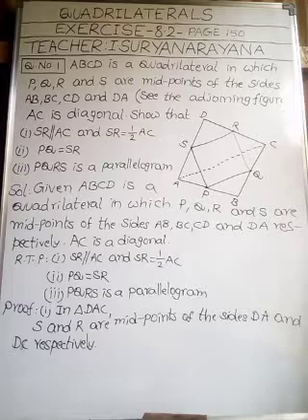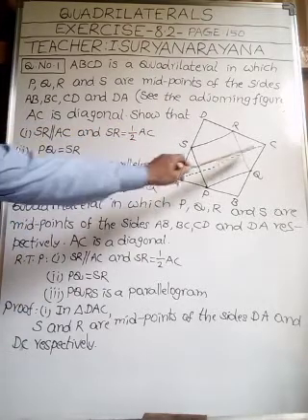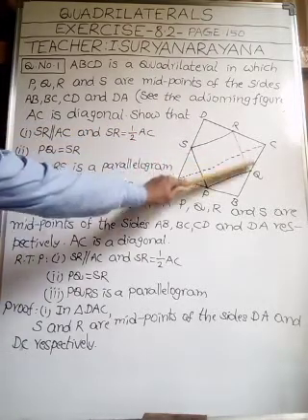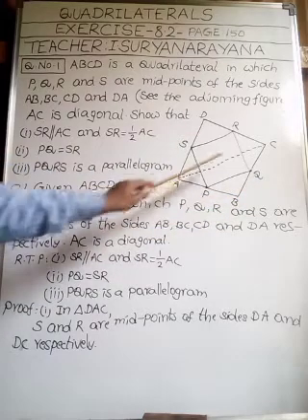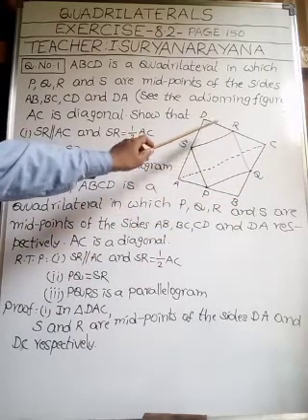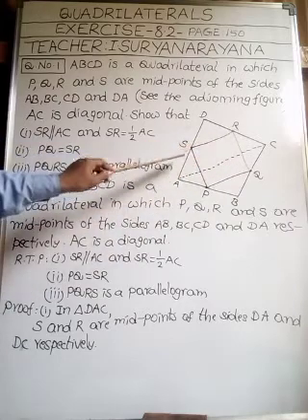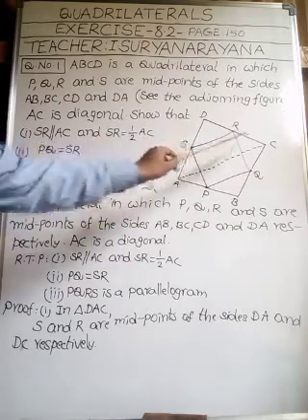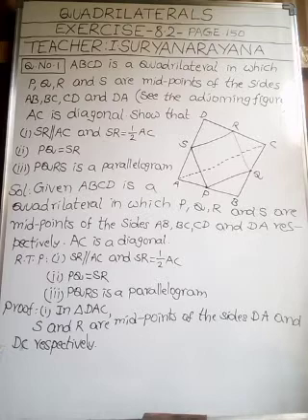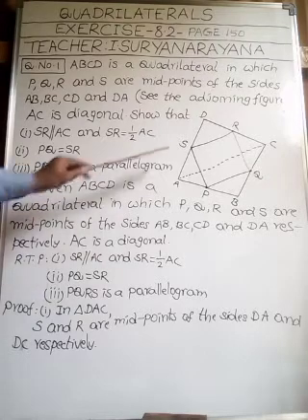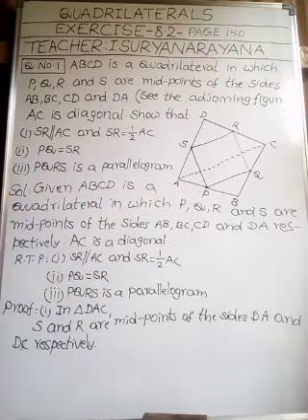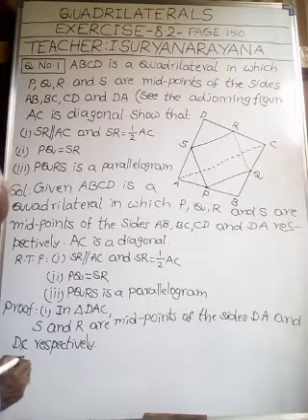In this triangle DAC, focus on that figure, forget the remaining part. These two points are midpoints of these two sides DA and DC. Then we can say that SR is parallel to AC. Okay, my children, yes or no?